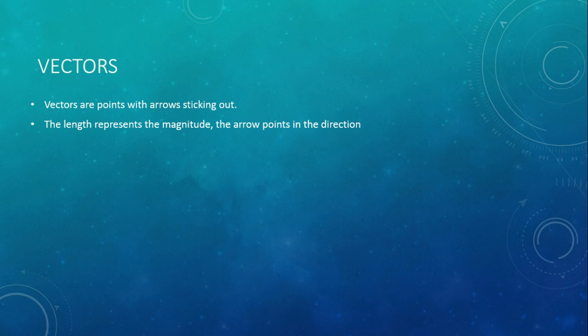So a very long vector has a lot of velocity, while a shorter vector has a smaller velocity. And then vectors can be broken up into components using trigonometric functions. So this is the most important piece of information you need to know and how to do it.